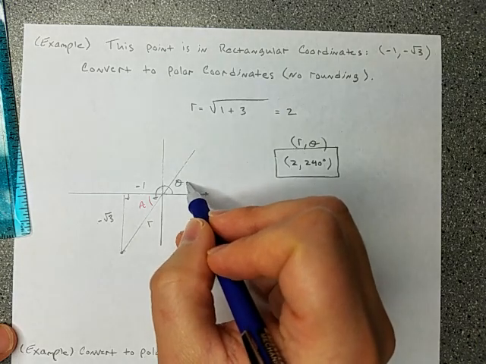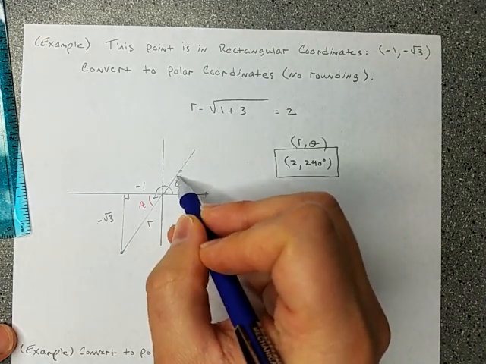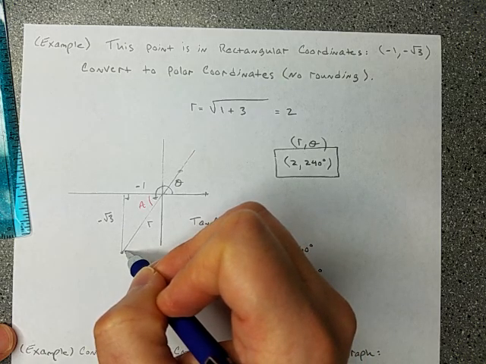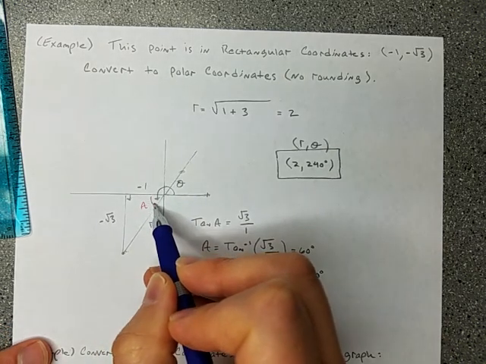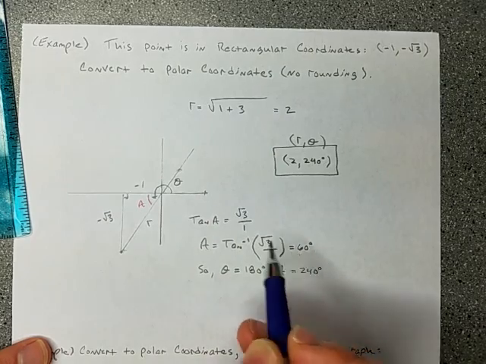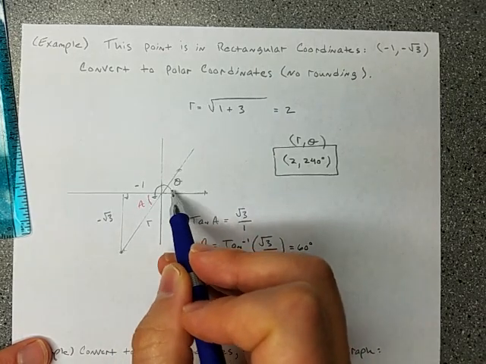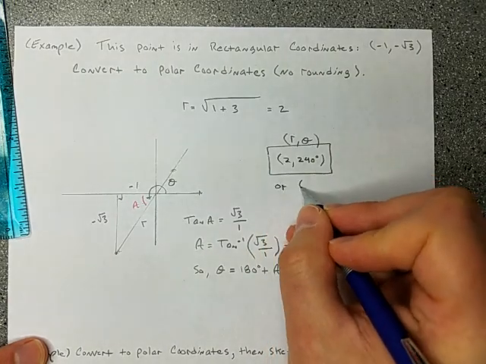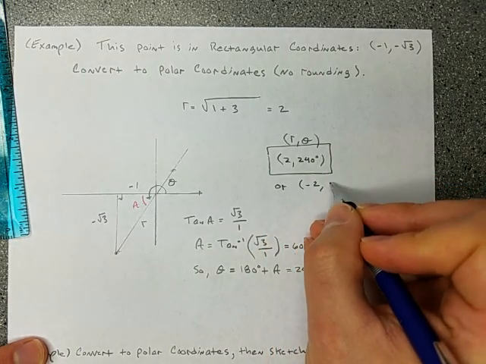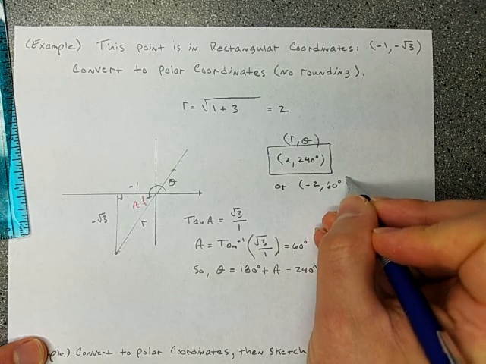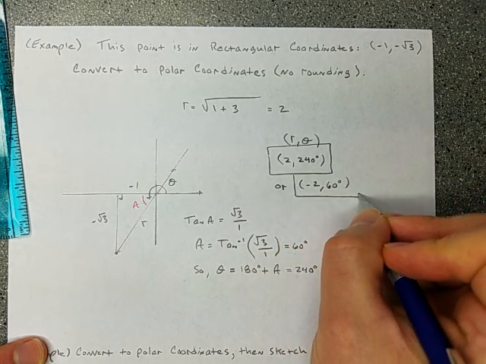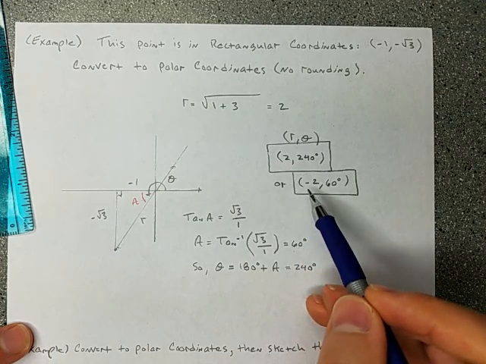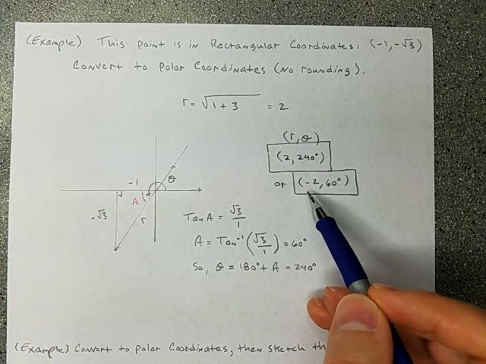What if I had this angle, and that establishes my direction, and then I went backwards a radial distance of 2? Remember, this angle is found to be 60, so that angle is also 60 in quadrant 1. So I could also say -2 and 60. That's another way to plot that same point: one with a positive radial coordinate and the other with a negative radial coordinate.